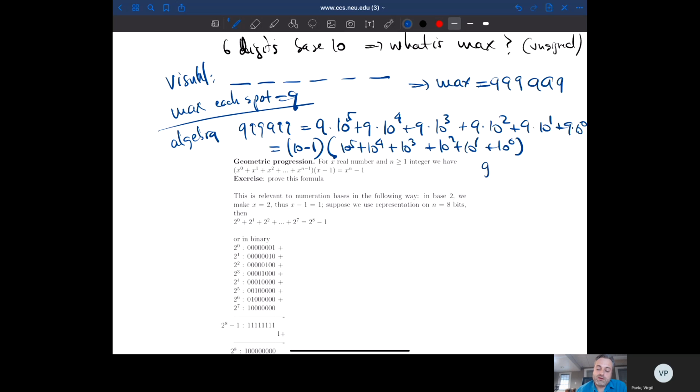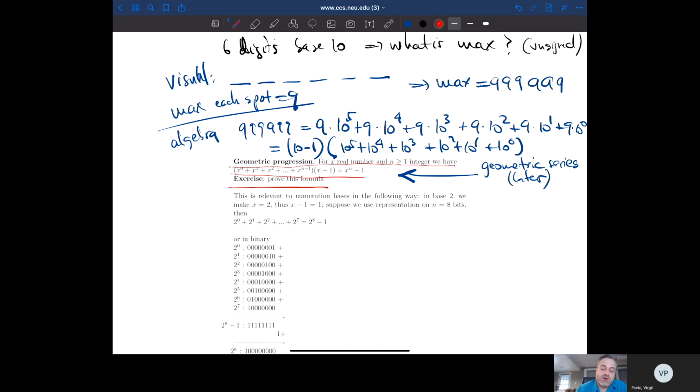which is a geometric series. We'll study that later. And this geometric series, you can see right here, there's a way to prove this formula.